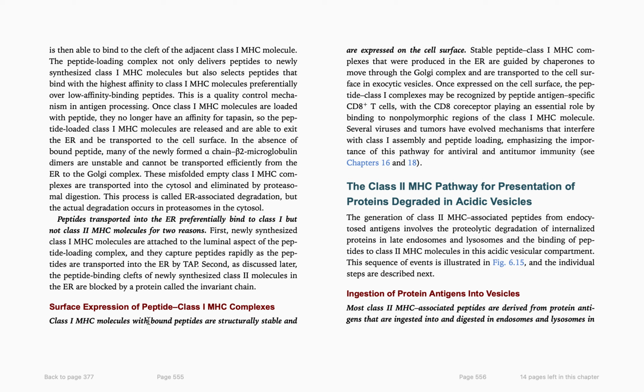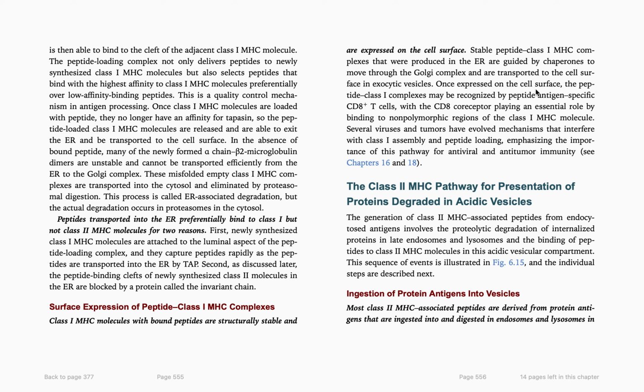Surface expression of peptide class 1 MHC complexes. Class 1 MHC molecules with a bound peptide are structurally stable and are expressed on the cell surface. The stable peptide class 1 MHC complexes that were produced in the endoplasmic reticulum are guided by chaperones to move through the Golgi complex and are transported to the cell surface in exocytic vesicles.